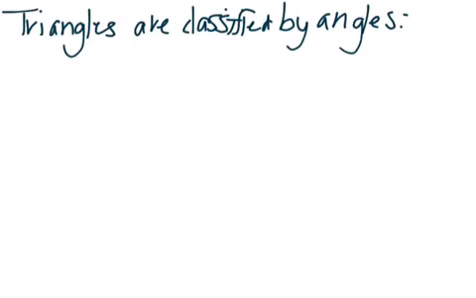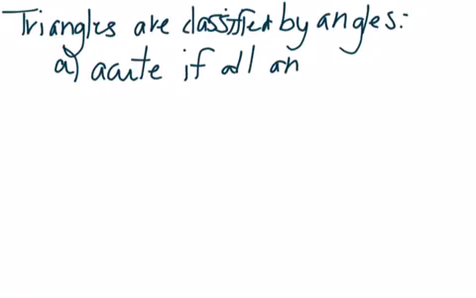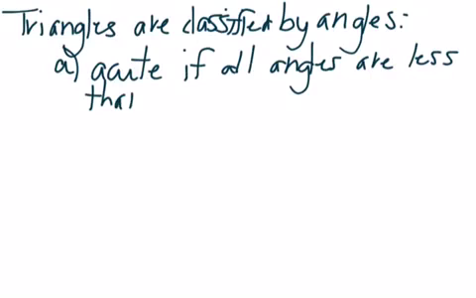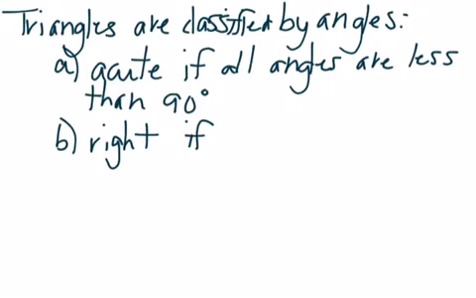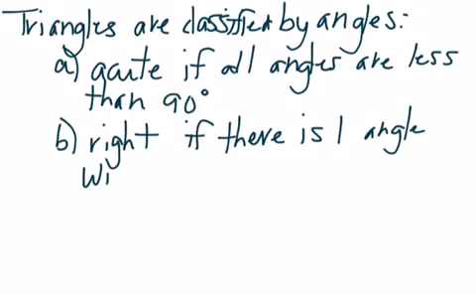The first type is acute, if all angles are less than 90. They can be right triangles if there is one angle with exactly 90 degrees.